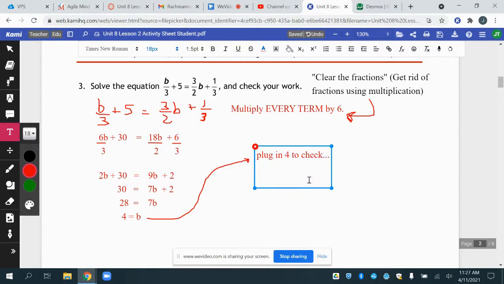I get 4 divided by 3 equals 3, 4 plus 1/3. Okay, now I'm going to put a 3 here, 2 there, 3 there.